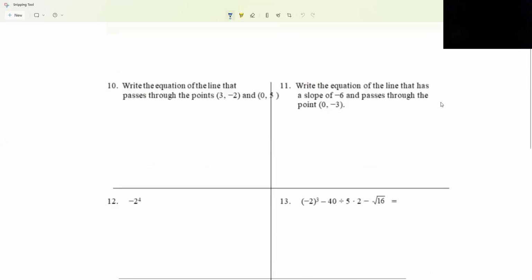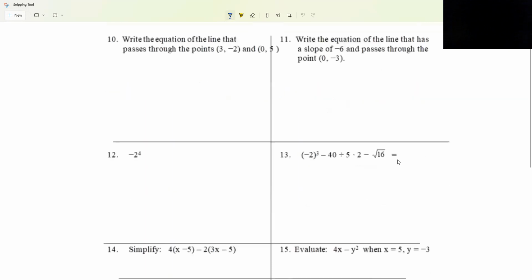I don't know why it does this. Back here. You can see it.